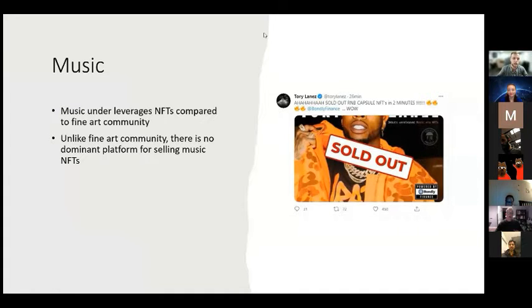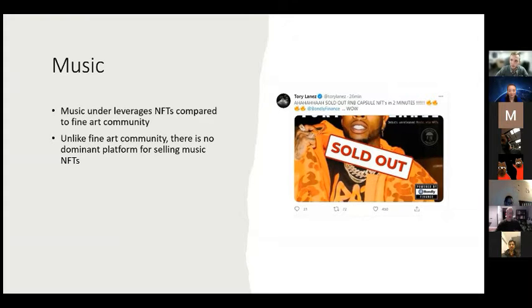So next is music, and I would say that music has relatively under-leveraged NFTs, and unlike the art scene, there are no dominant platforms to sell NFT music. There's multiple, but none of them are the clear dominant platform.